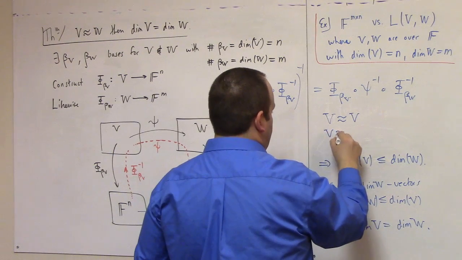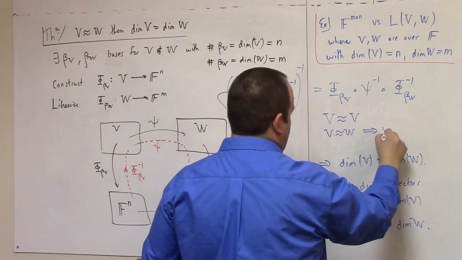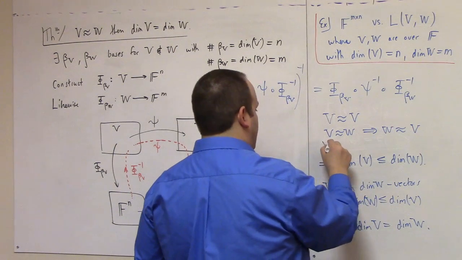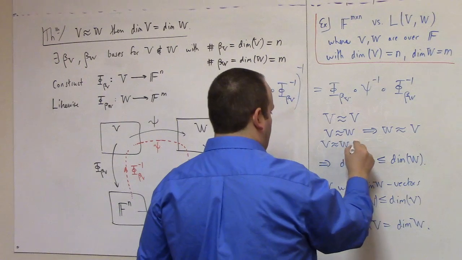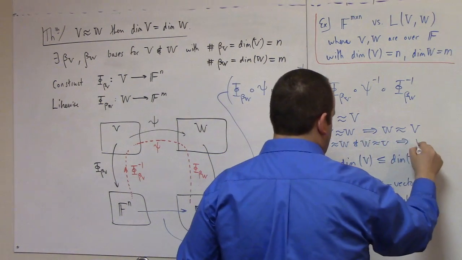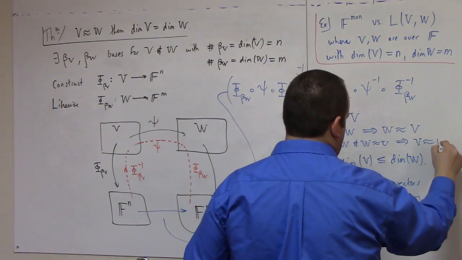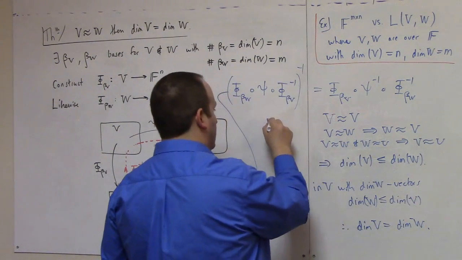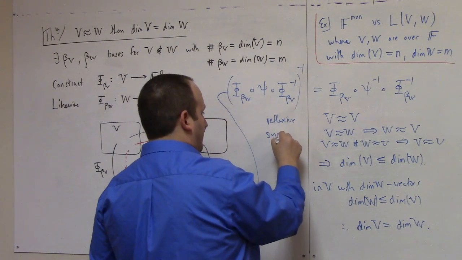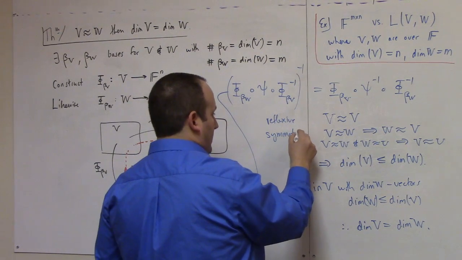If V is isomorphic to W, that implies that W is isomorphic to V. And finally, if V is isomorphic to W, and W is isomorphic to U, that implies that V is isomorphic to U. So it's reflexive, symmetric, and transitive.